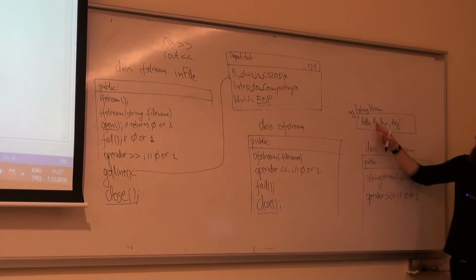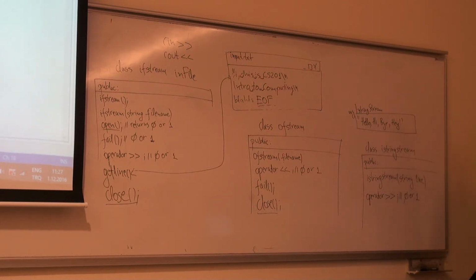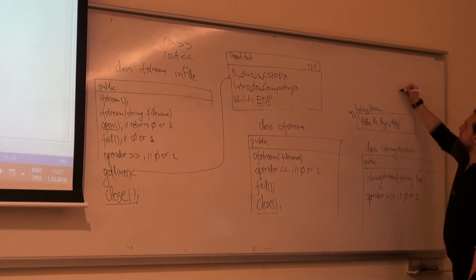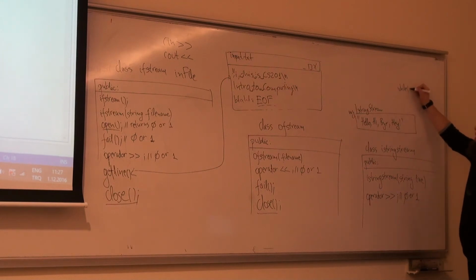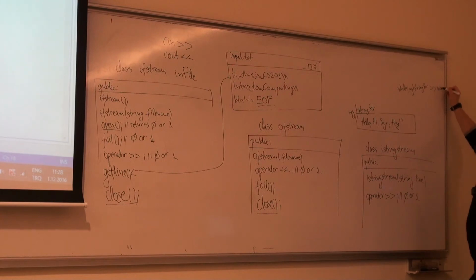We have 1, 2, 3, 4 input data. But I can put it in one, and I can use a while loop, so I can read one by one. So I can read something like this: my istringstream, and I'm reading it and putting it to a word, okay?